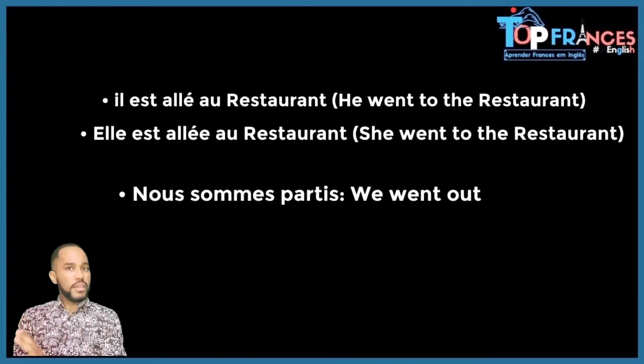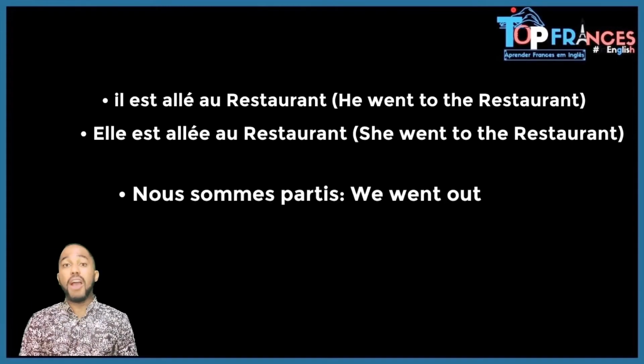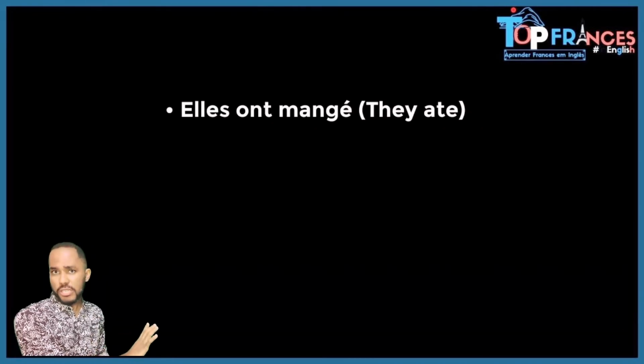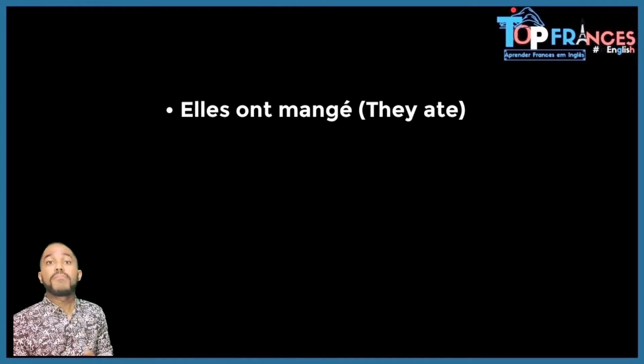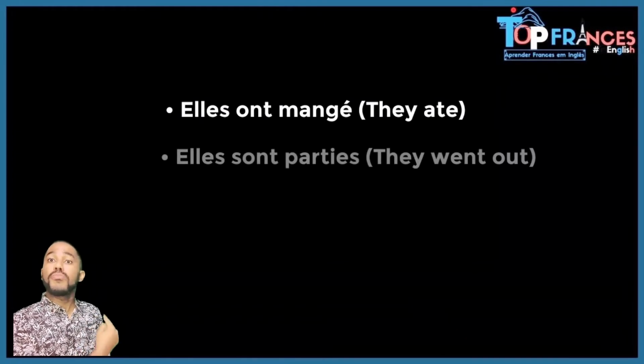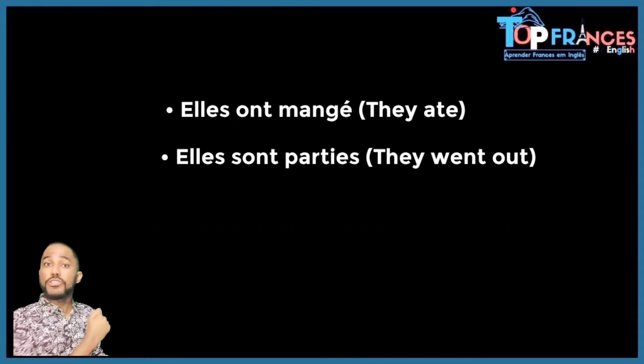For the verbs conjugated with the auxiliary avoir, we don't need that for now because there are other rules. For example, elles ont mangé. But: elles sont parties.